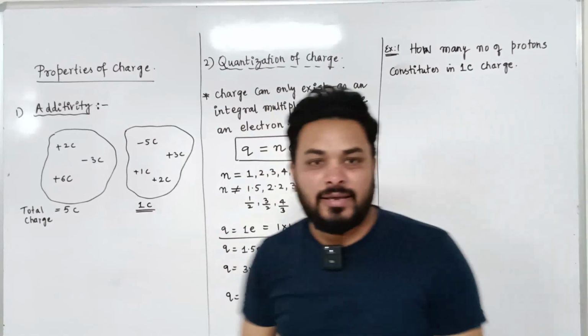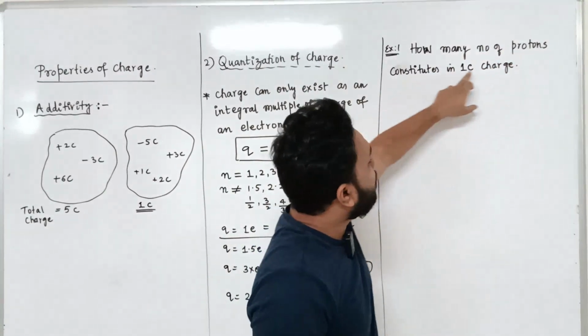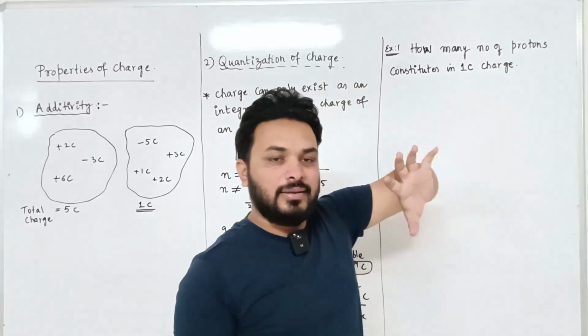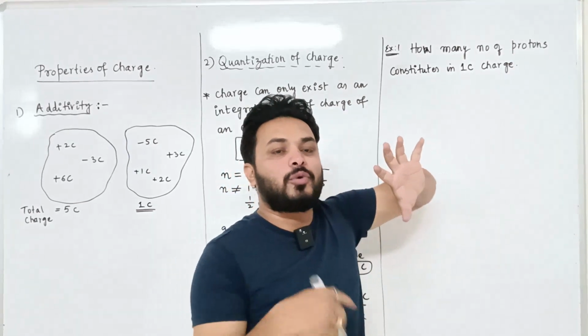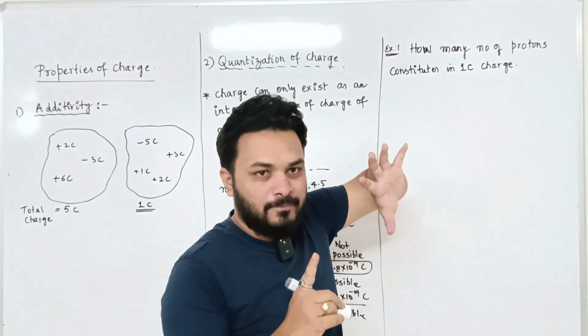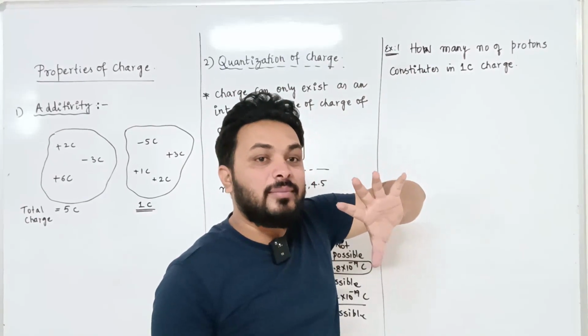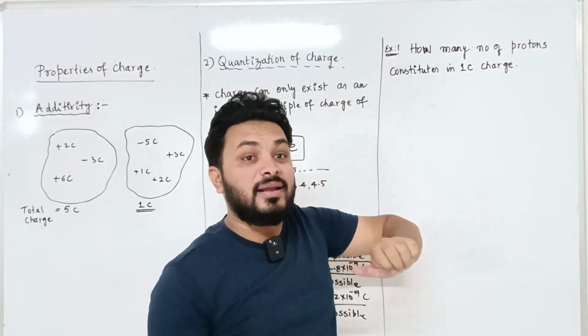What do you mean by this? A body is there. In the body, an excess of protons are there. So what is its charge? 1 coulomb charge. Understood? The body is having 1 coulomb charge. So how many protons are there in that body?